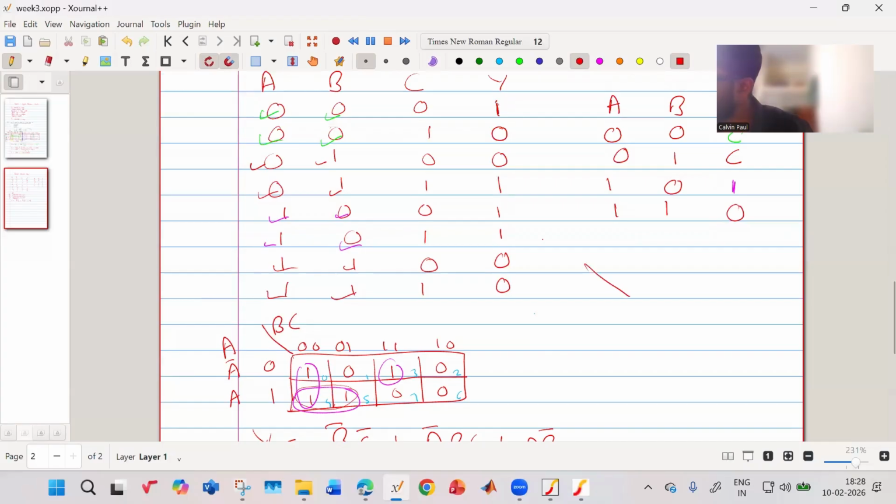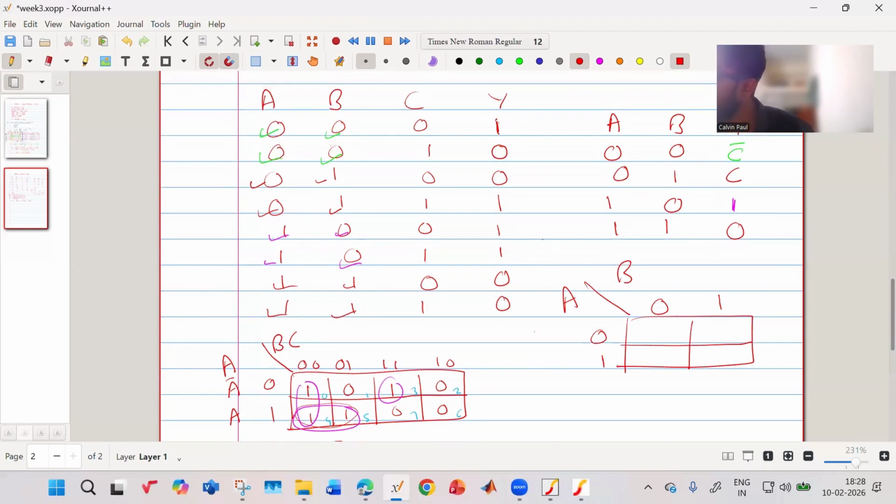In that case, this is your map, this is your A, this is your B, 0, 1, 0, 1. When A is 0 and B is 0, it is C bar. When A is 0 and B is 1, it is your C. When A is 1 and B is 0, that is your 1.